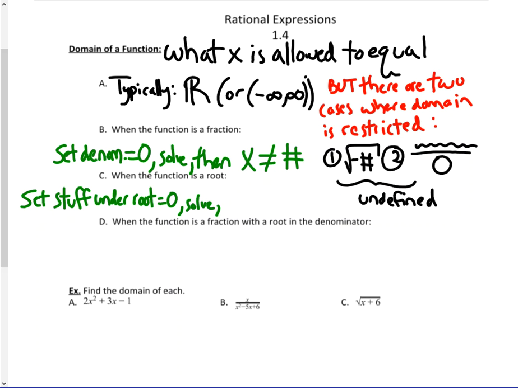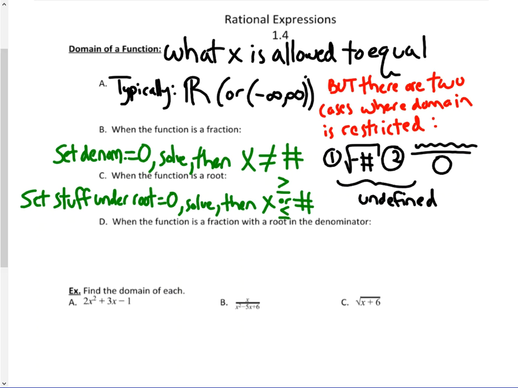Solve for x, find the x values that make all that stuff underneath the root equal to 0. Then our domain x is going to be either greater than or equal to or less than or equal to that number. And under a root, it's typically just going to be one number, not going to get too fancy. All right, so that's when we just have a root.